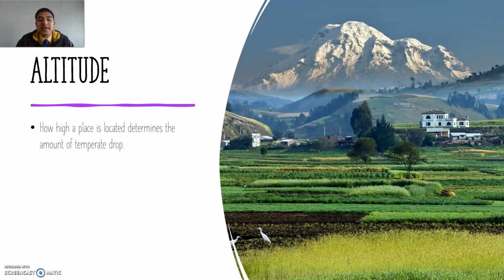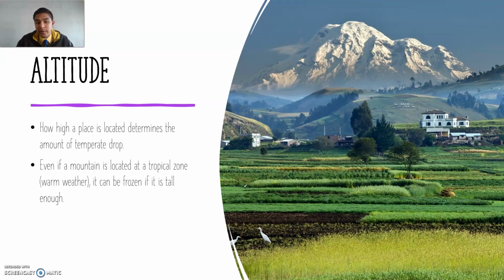How high a place is located determines the amount of temperature drop. Even if a mountain is located in a tropical zone or a warm weather area, it can be frozen if it is tall enough. And in the troposphere, the temperature decreases 6.5 degrees Celsius per kilometer.